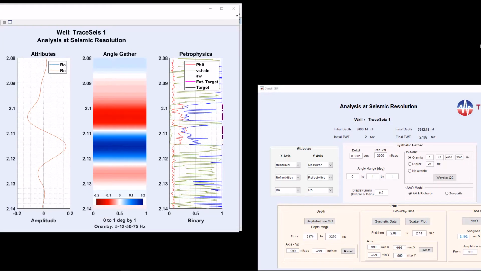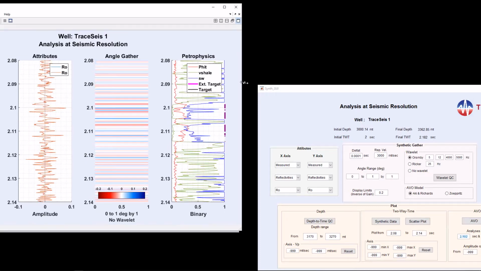This is the summary of the resolution analysis done in clip 2, which can be found on TraceSeis' website. For the analysis, we are zooming from 2.08 seconds to 2.14 and showing the normal incidence trace in both the attributes and in the angle gather tracks. The objective of this part of the exercise is to verify that an increase in acoustic impedance is going to result in a positive reflection coefficient, and a decrease in acoustic impedance is going to result in a negative reflection coefficient.